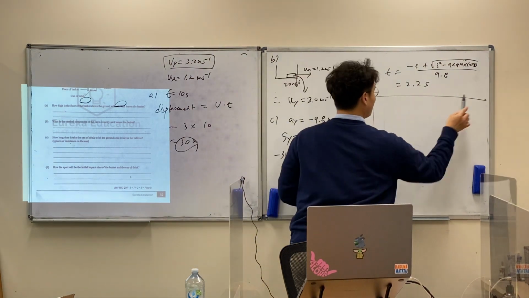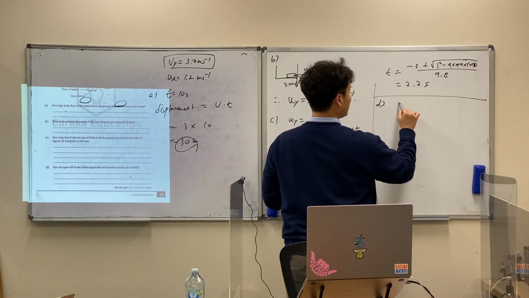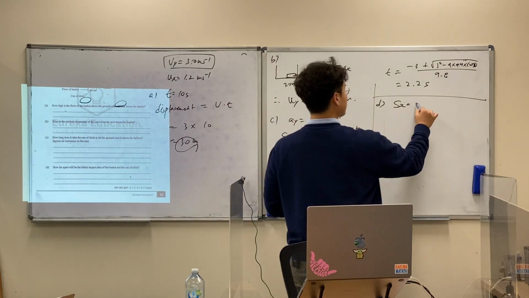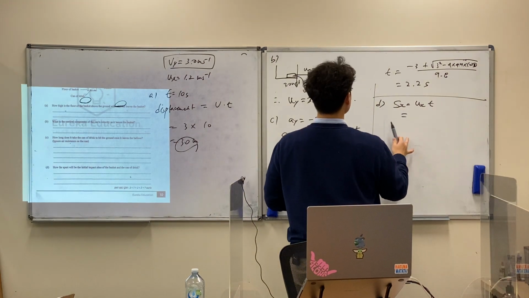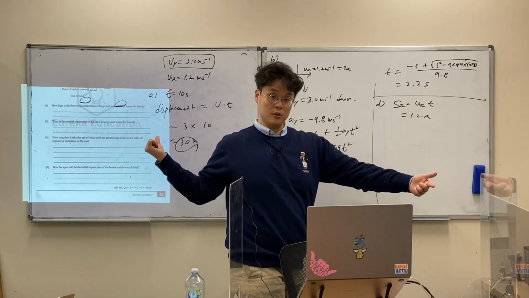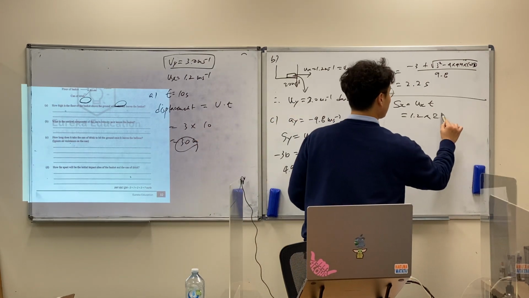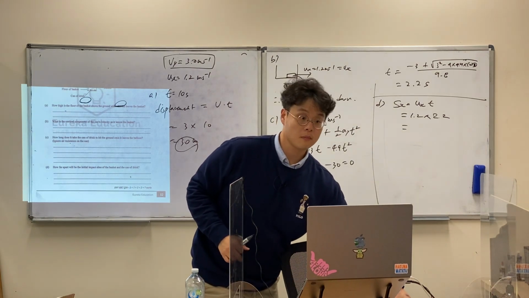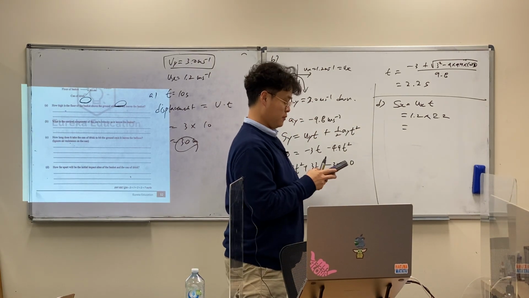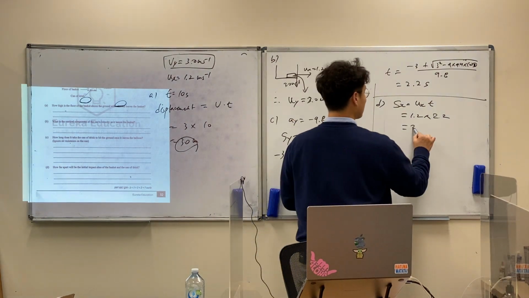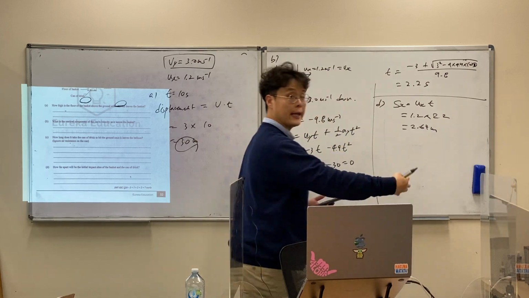Therefore, for question D, Sx, which is the range of the can we dropped, will be Ux times T, that is 1.2 times the time taken for the can to drop, not the balloon. The can will drop in 2.2 seconds. It means 2.64 meters ahead.